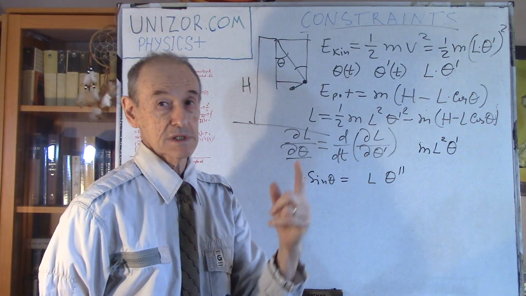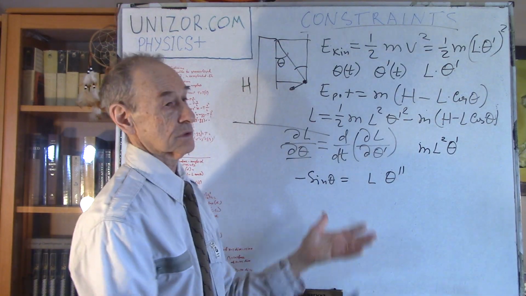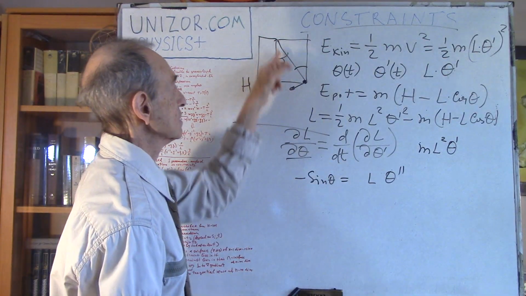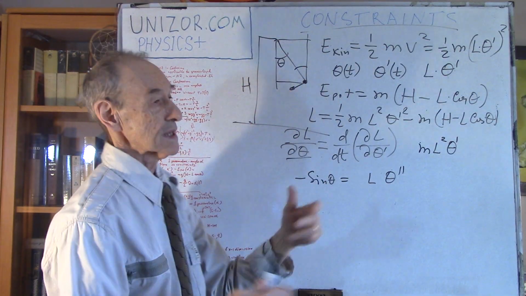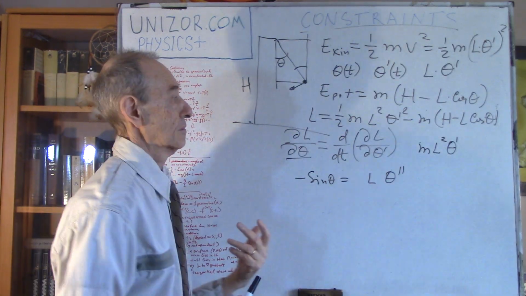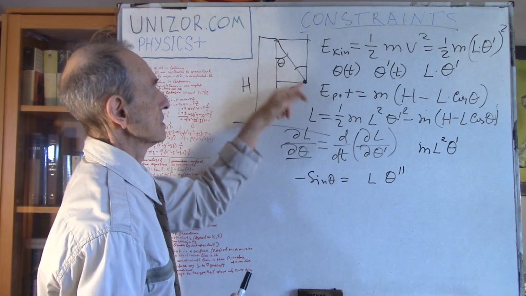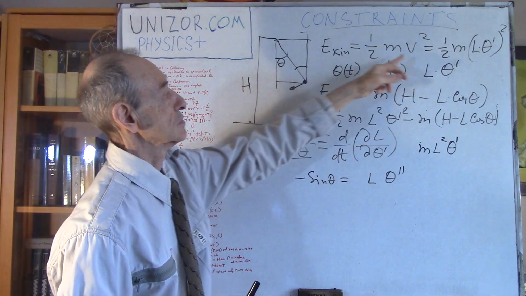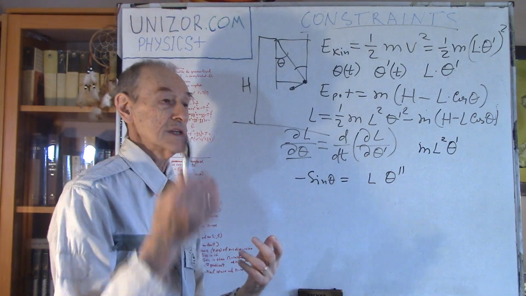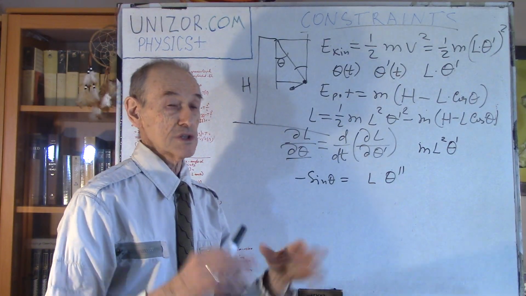So, that was my demonstration of why we should use a generalized coordinate, in this case one single coordinate theta, instead of two Cartesian coordinates plus constraints, because using this already implies that we are using the constraints. This length is fixed. Because it's fixed, I can use this type of equations. So this particular approach is a smart approach.